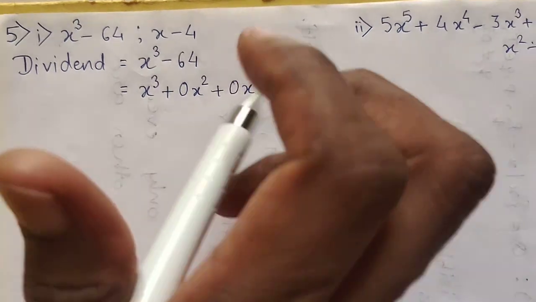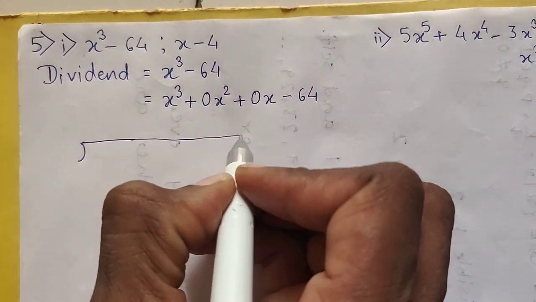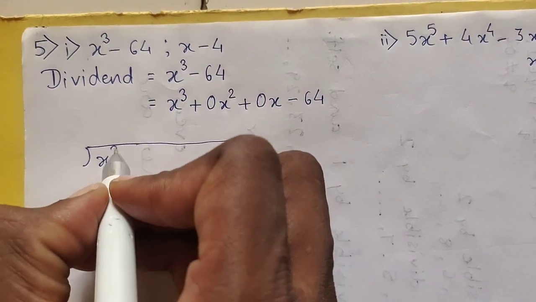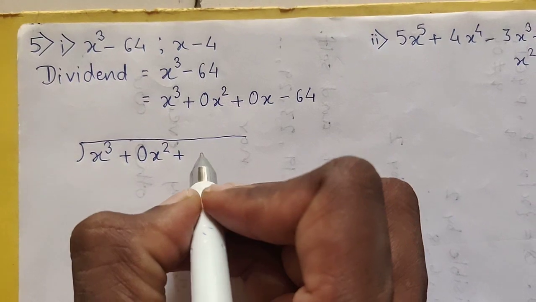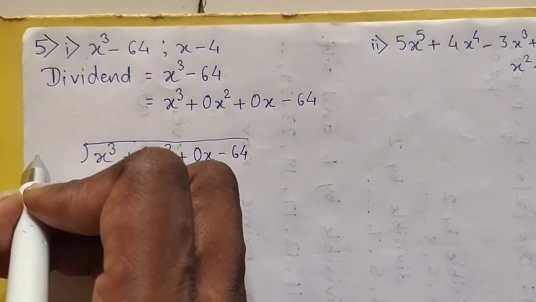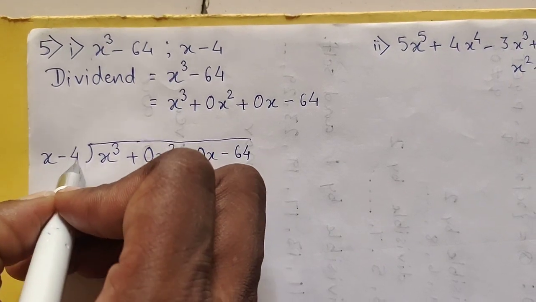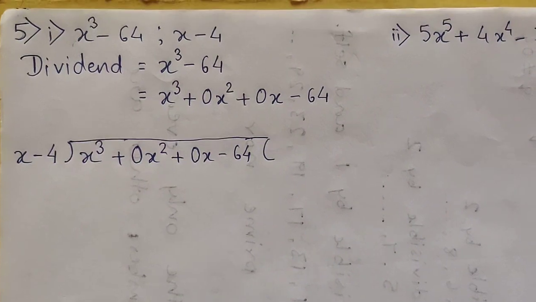Now let us divide it. So we are dividing this polynomial, that is x cube plus 0x square plus 0x minus 64, by x minus 4.